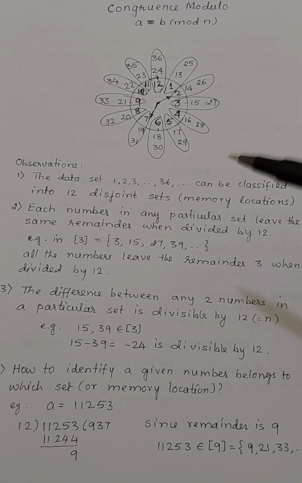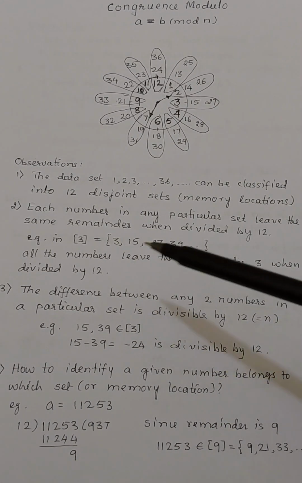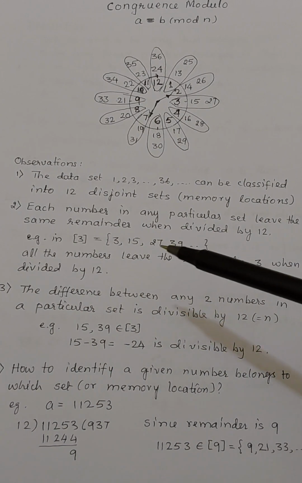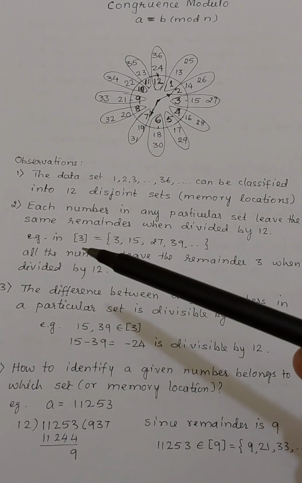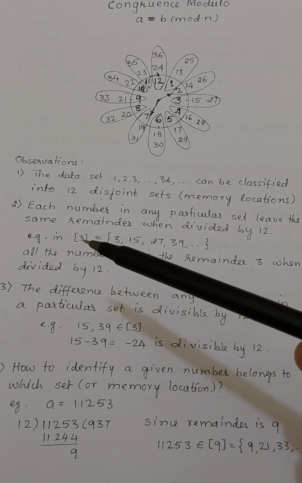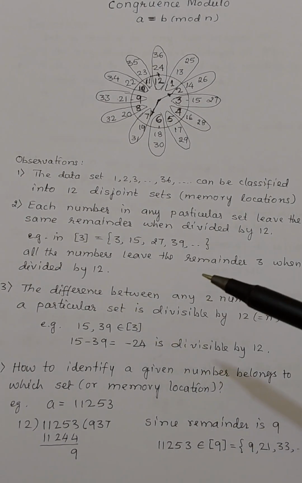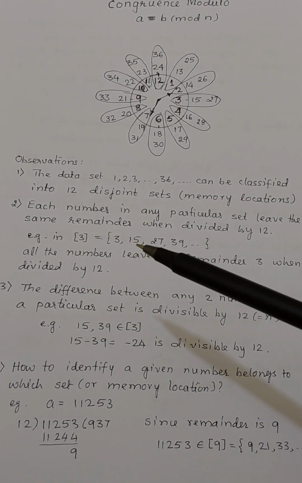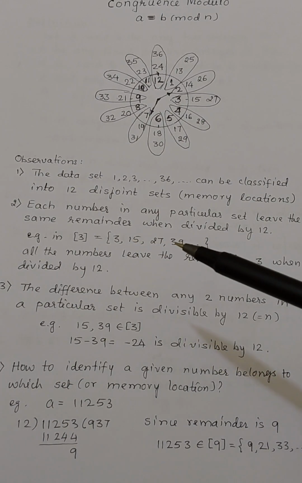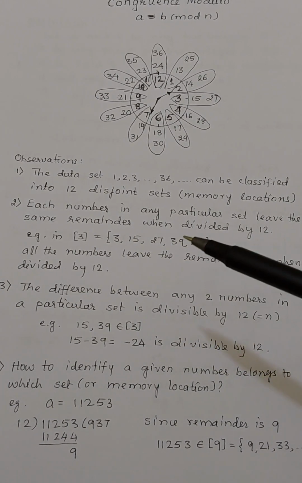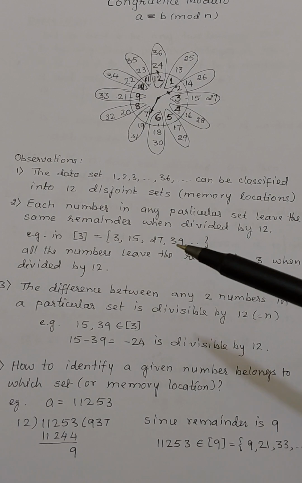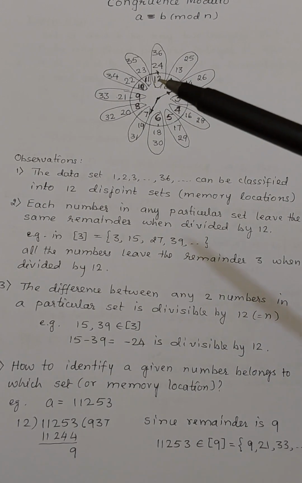Another interesting property is that within the same set, all these numbers when divided by 12 give the remainder 3. And another property is that if you choose any numbers A and B, random numbers within this set, their difference is divisible by 12.